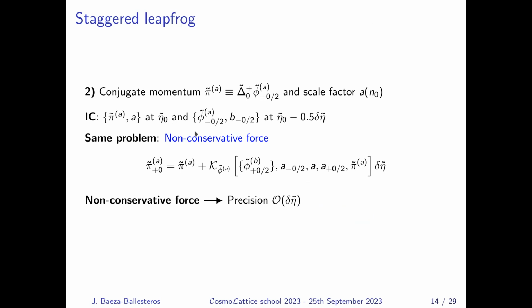But the conclusion we get is the same. When we write down the evolution equation for the scale factor, the step we are going to do to evolve the scale factor and the conjugate momentum, we find that the kernel also depends on the conjugate momentum, and so the force is non-conservative. So we also want to avoid this.